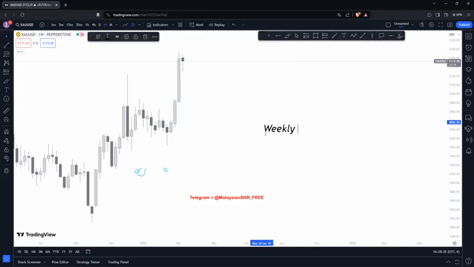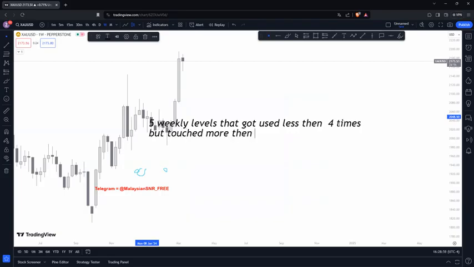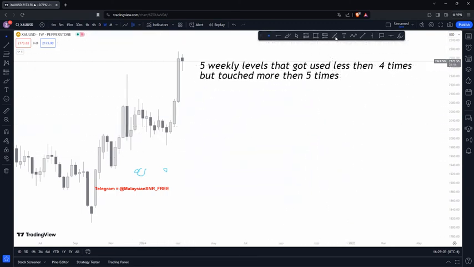So weekly, 5 weekly levels that got used. This is for the weekly homework.